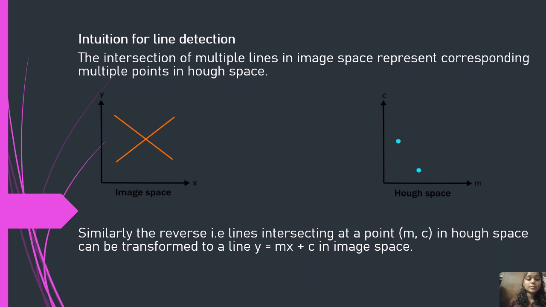Next is the intuition for line detection. The intersection of multiple lines in image space represents corresponding multiple points in Hough space. Similarly, the reverse, that is lines intersecting at the point m, c, can be transformed to a line y is equal to mx plus c in image space.